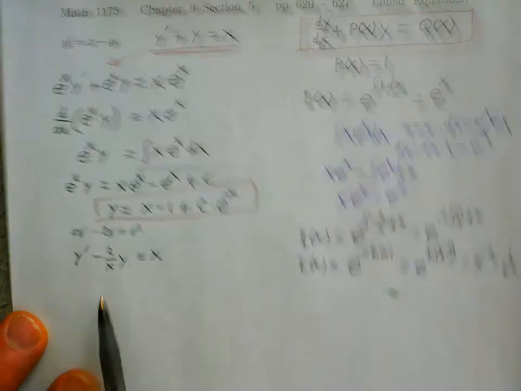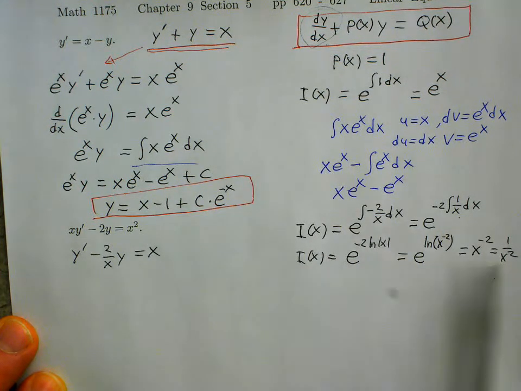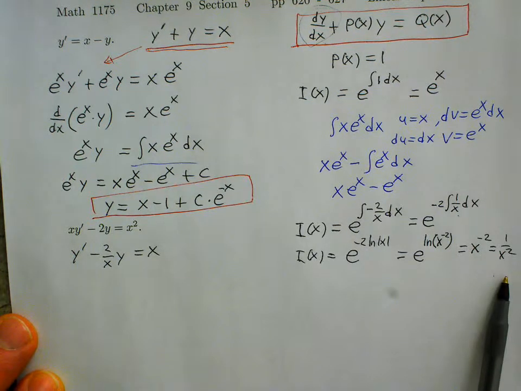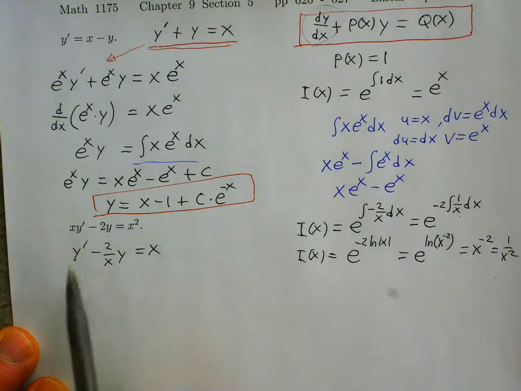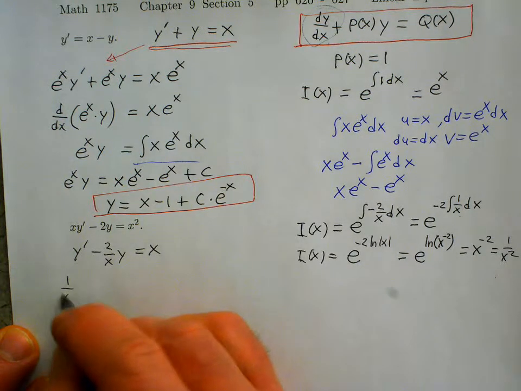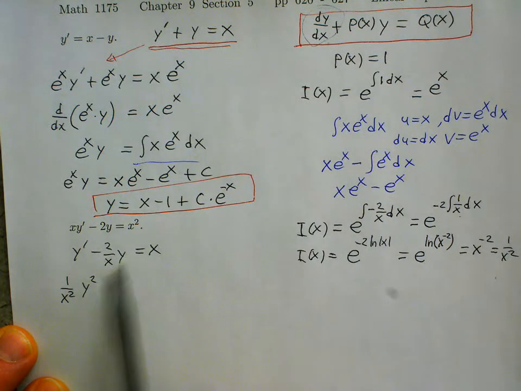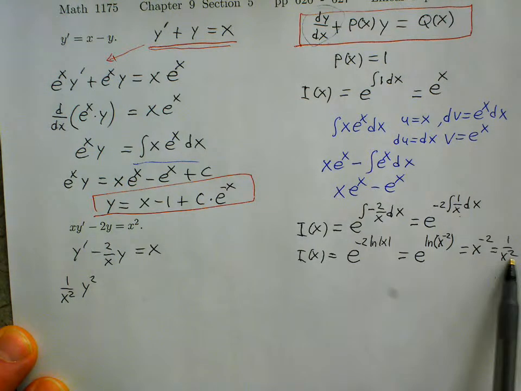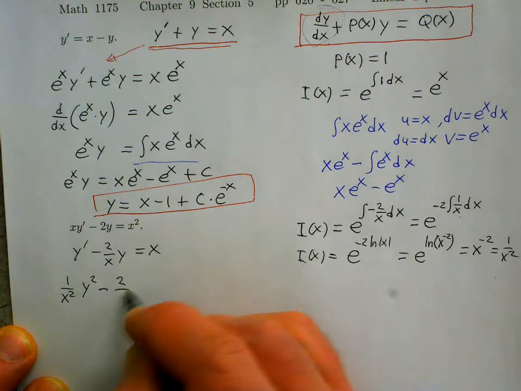We're going to multiply every term on both sides of this equation by 1 over x squared. Okay, so 1 over x squared times y prime is 1 over x squared times y prime. And then minus 2 over x y times 1 over x squared is minus 2 over x to the third y.